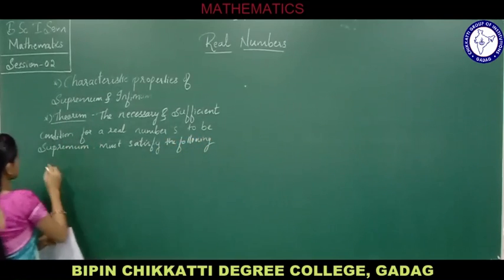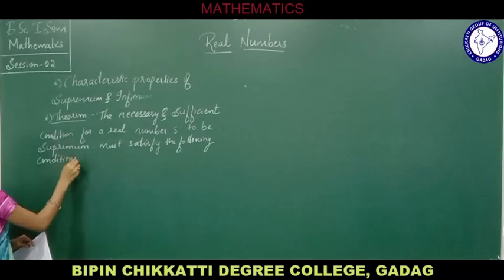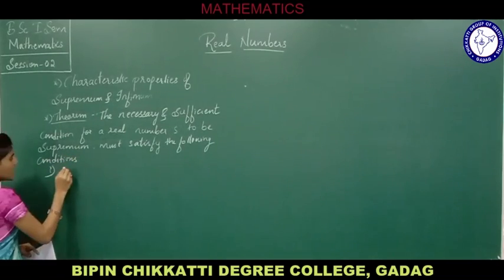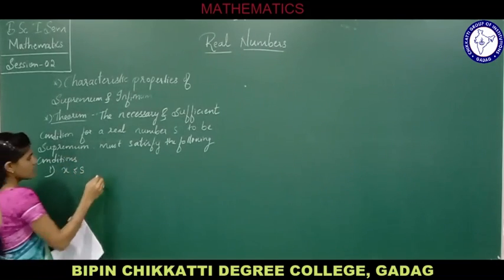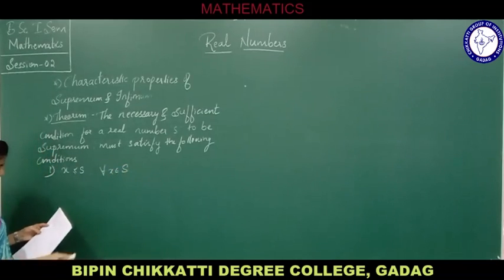The first condition is that x is less than or equal to S for all x belonging to the set S.